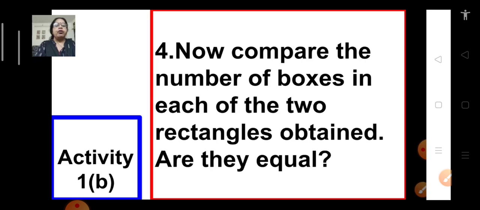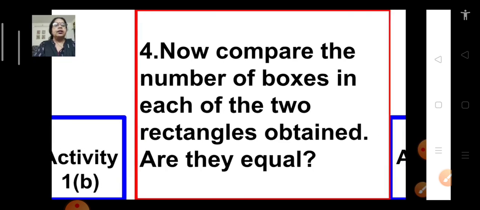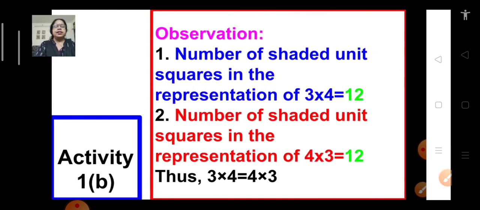Now compare the number of boxes in each of the 2 rectangles obtained. Are they equal? Yes, they are equal. Now what is the observation? You have to write the observation. The number of shaded unit squares in the representation of 3 multiplied by 4 is equal to 12, and the number of shaded unit squares in the representation of 4 multiplied by 3 is also 12.